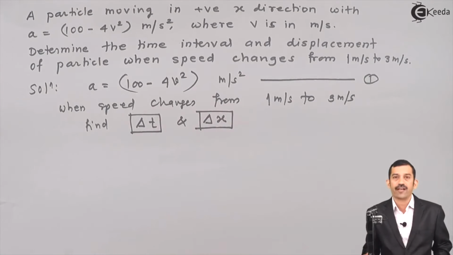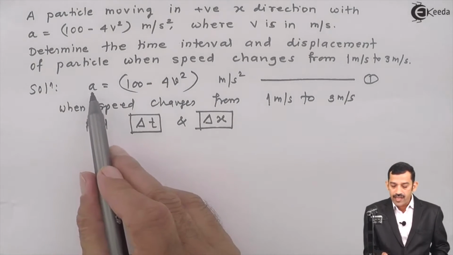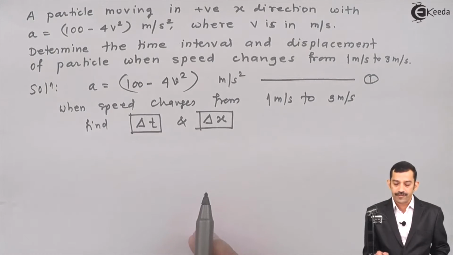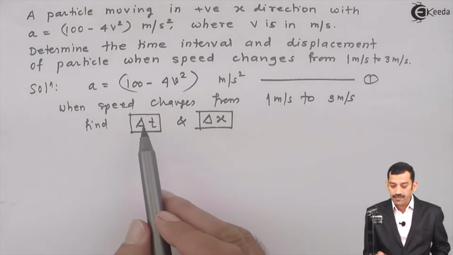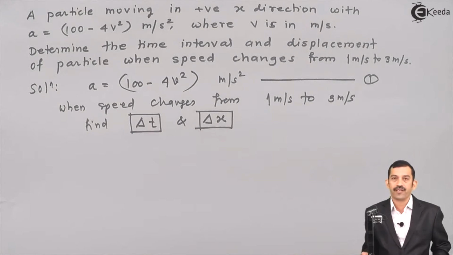That means when a is given as a function of velocity, we will write acceleration in terms of t for the first part, and for the second part you have to write a in terms of x.